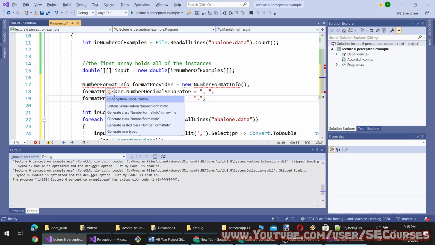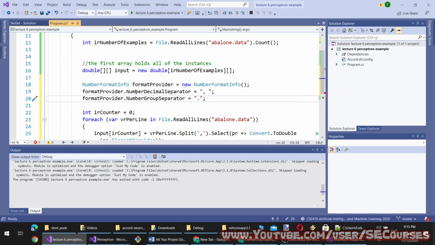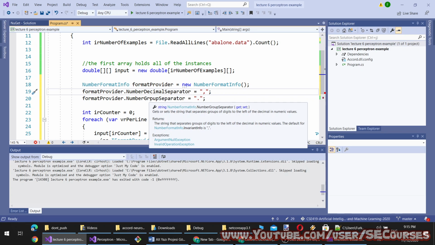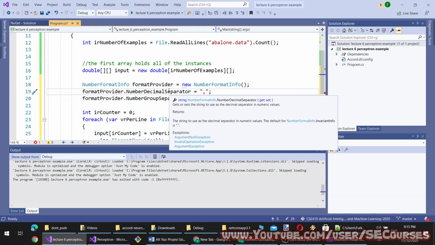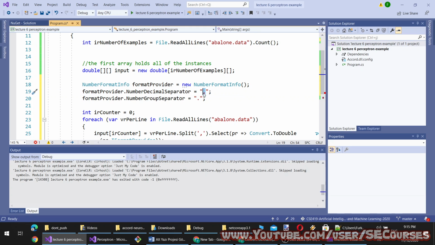So I am going to provide my own globalization. The number decimal separator is this one, and the group separator. Okay, so this is the decimal separator and this is the group separator.